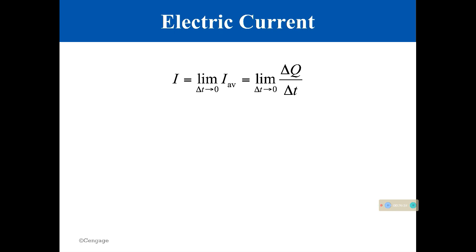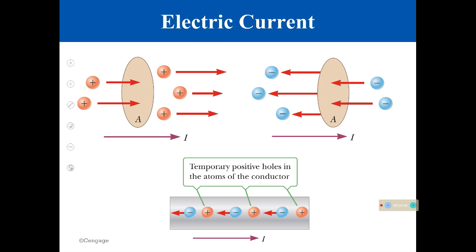But it's the same type of thing here. Average is delta Q over delta T, just the same way that average velocity is delta X over delta T. When does it matter? When it's constant versus when it's changing. And we're almost never going to have to deal with the changing case in this class, because pretty quickly it will get up to its particular average.